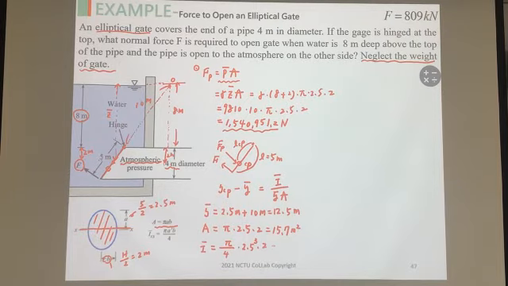So you can compute the I bar value: 2.5 to the power 3, multiply 2, divided by 4, and multiply pi. So the I bar is around 24.54, and the dimensional unit is meters to the fourth power.